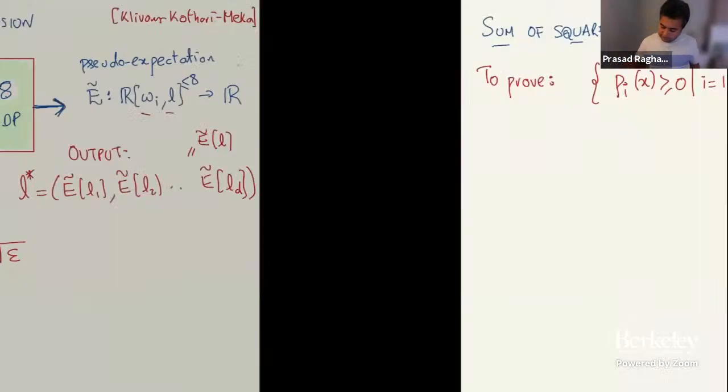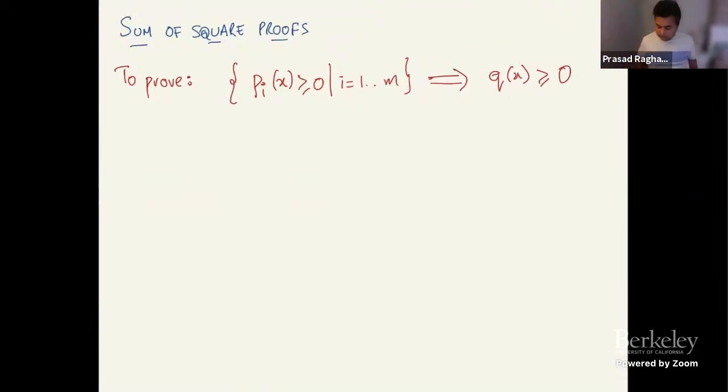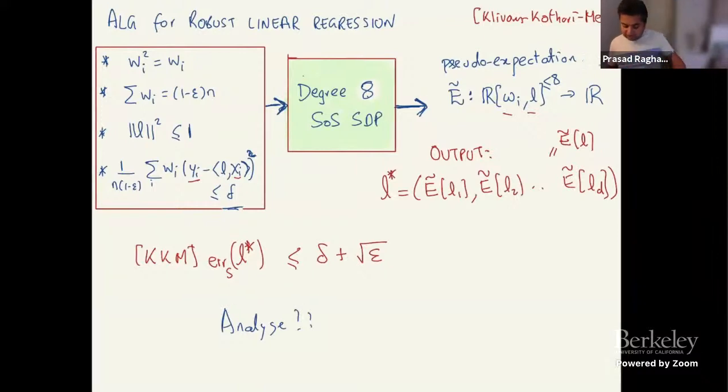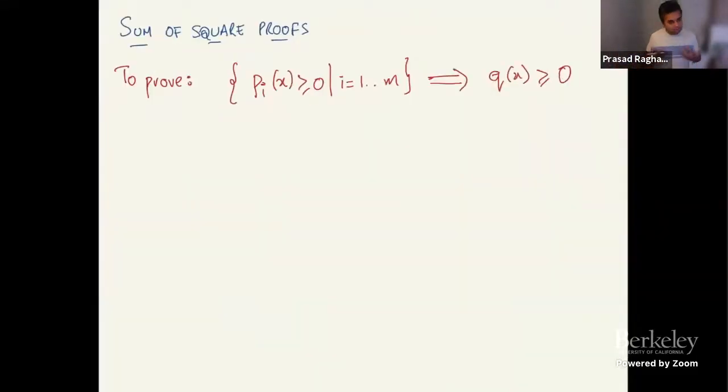So it turns out that the way to reason about sum of squares SDPs is to look at the dual, and the dual has a very nice object: the dual of the sum of squares semi-definite program is sum of squares proofs. What is a sum of squares proof? It's just a proof system to reason about polynomial inequalities.